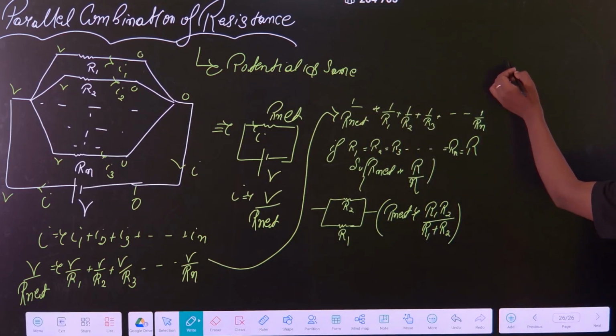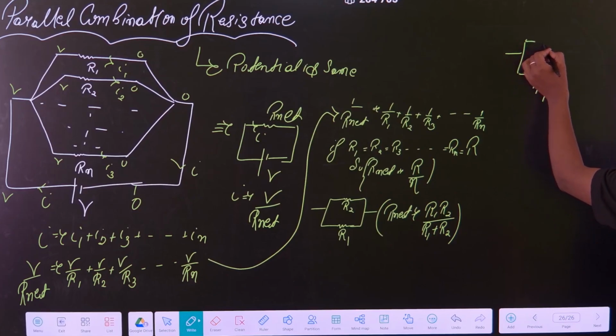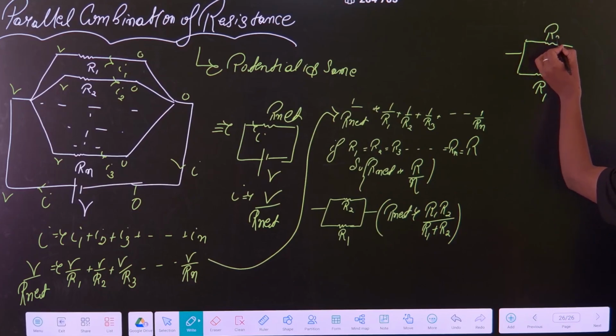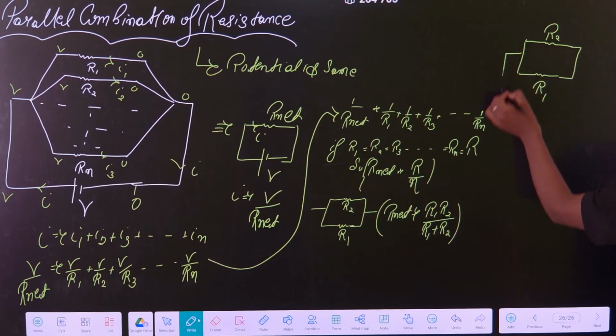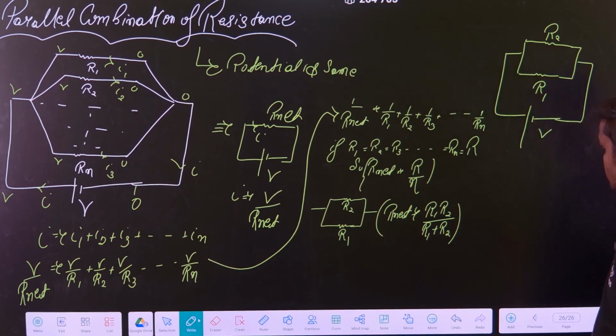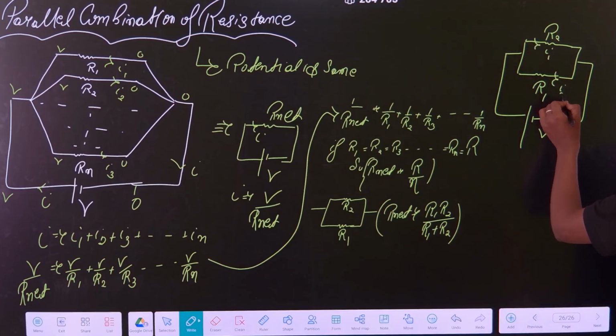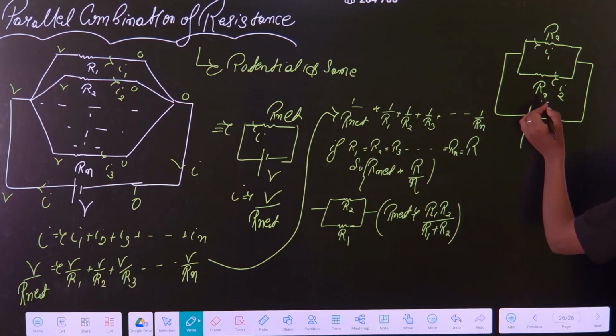So let us discuss. Suppose I have connected two resistances. Just take an example for two. Suppose this is R1, this is R2, and this is connected to a battery of voltage V. And suppose I want to find the current I1, and this current is I2 at this R2.